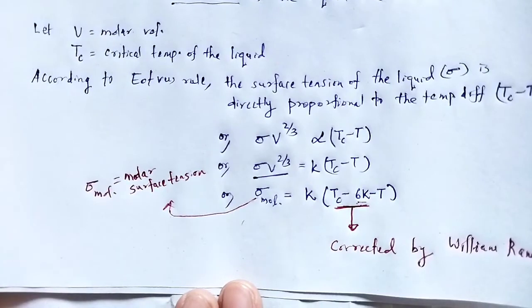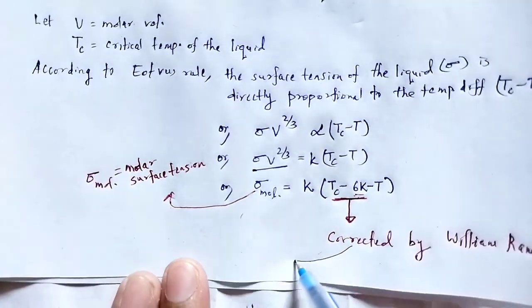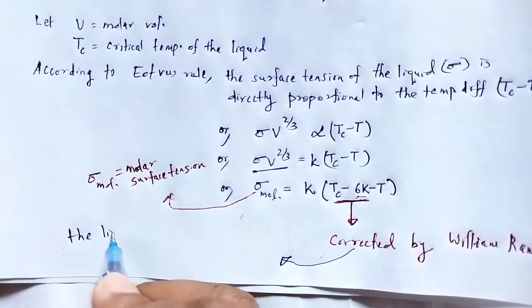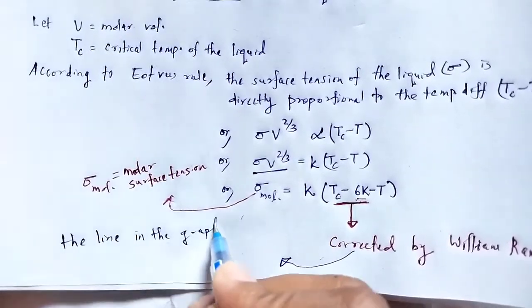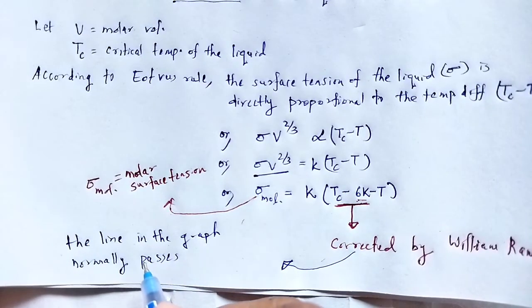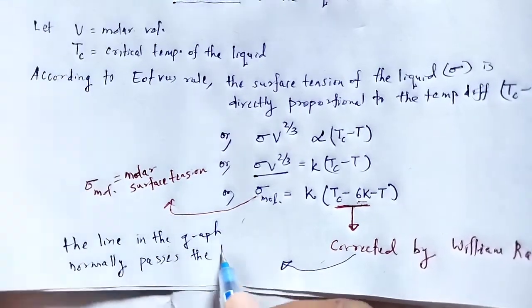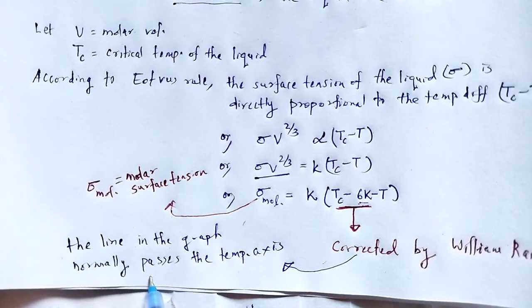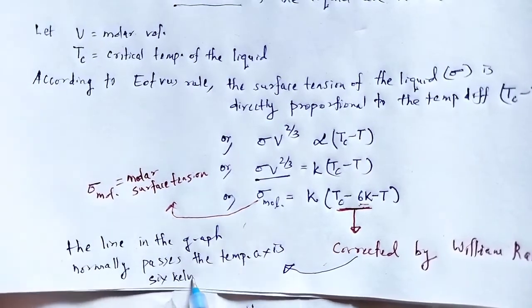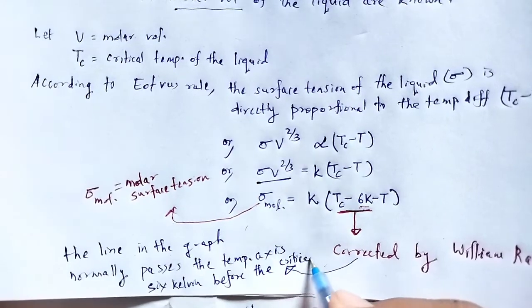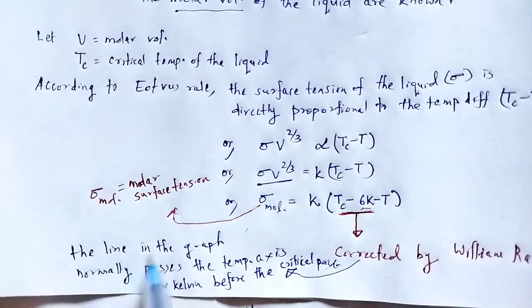And that indicates Tc minus 6K. What is that indication? It means the line in the graph normally passes the temperature axis 6 Kelvin before the critical point, where the graph touches it.